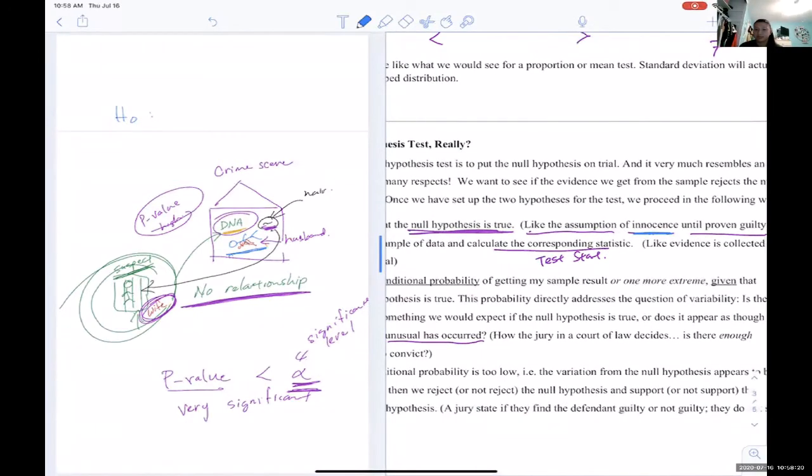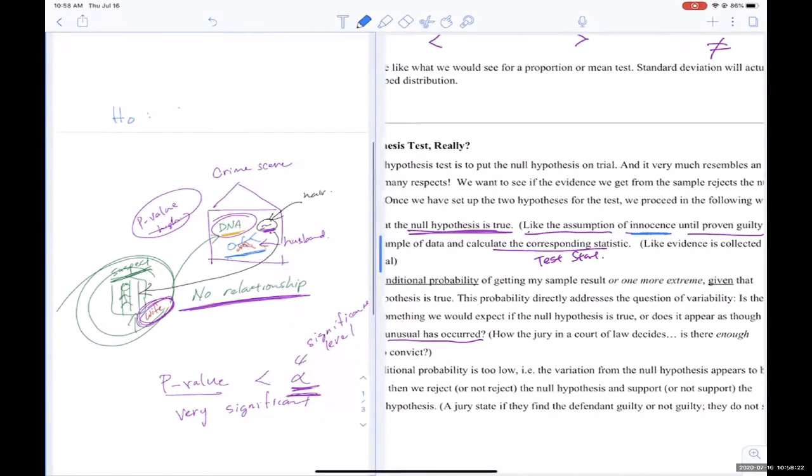So we have suspect equals innocent. And the alternate hypothesis: suspect guilty.